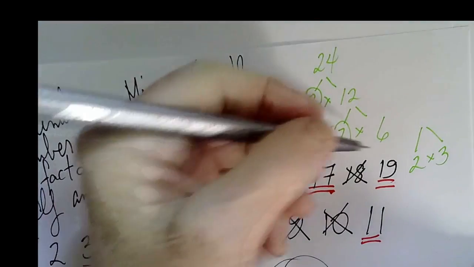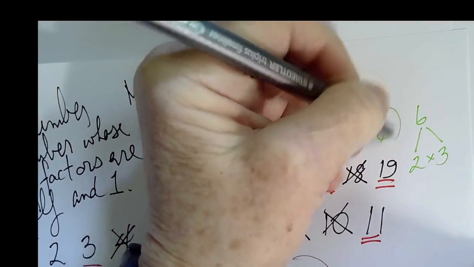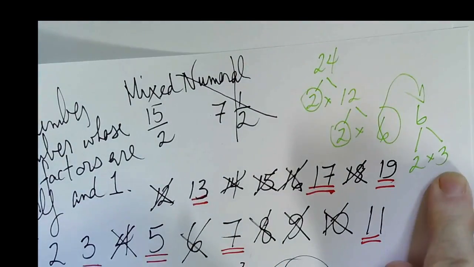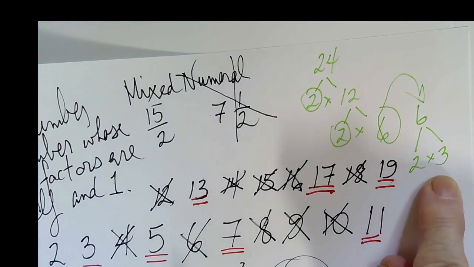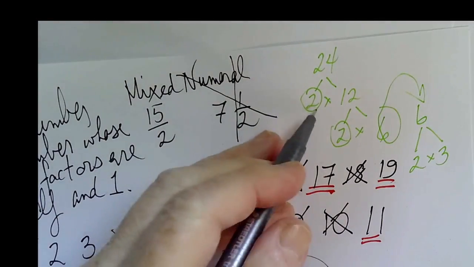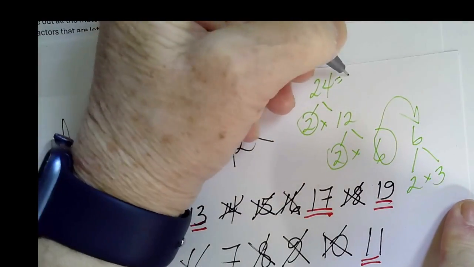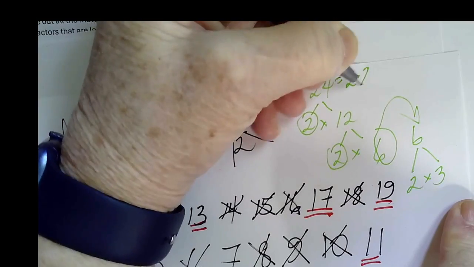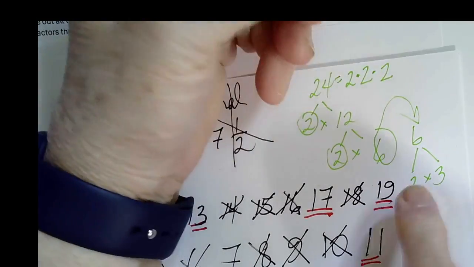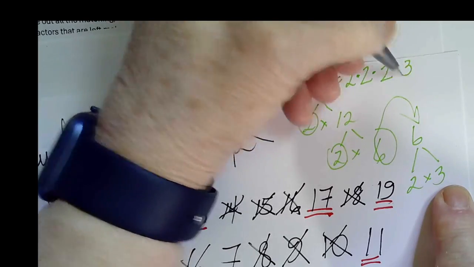And this time, finally, both numbers that come out are prime numbers. So let's gather. We've got 1, 2, 3 2s. So 24 is 2 times 2 times 2 and 1 3, so times 3.